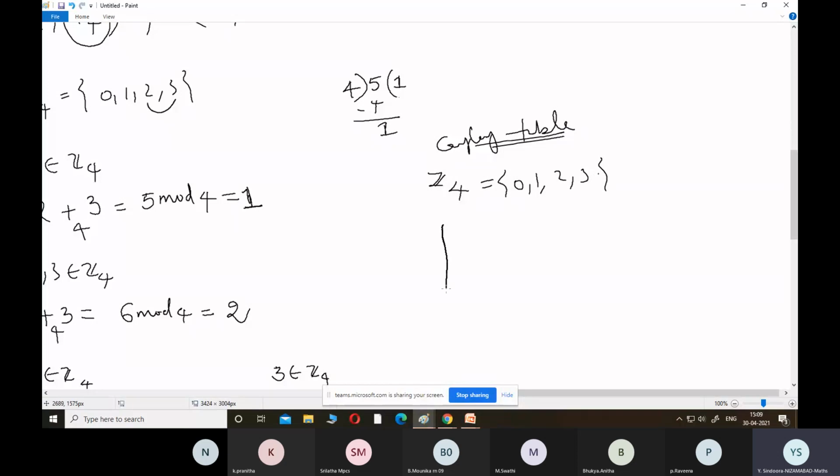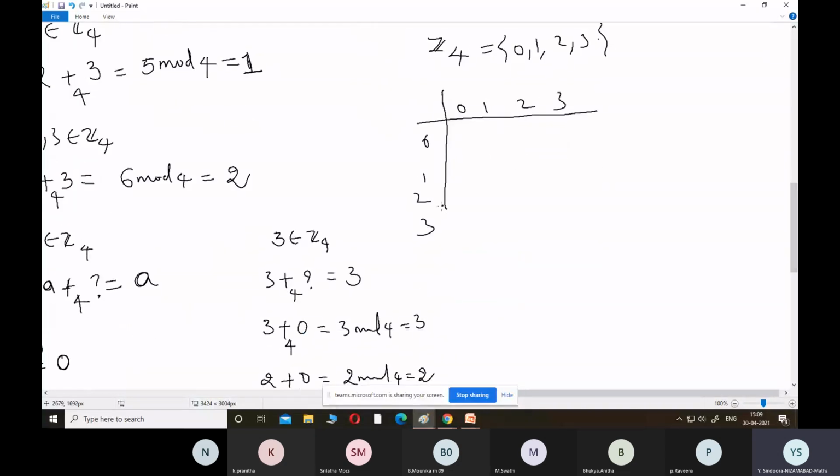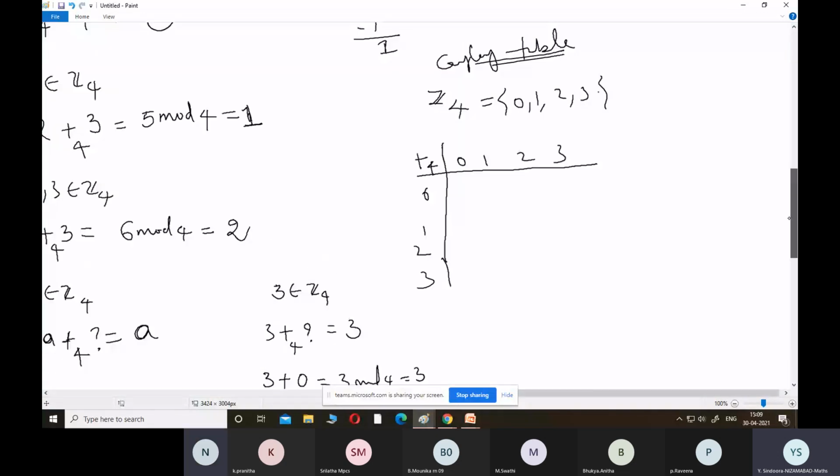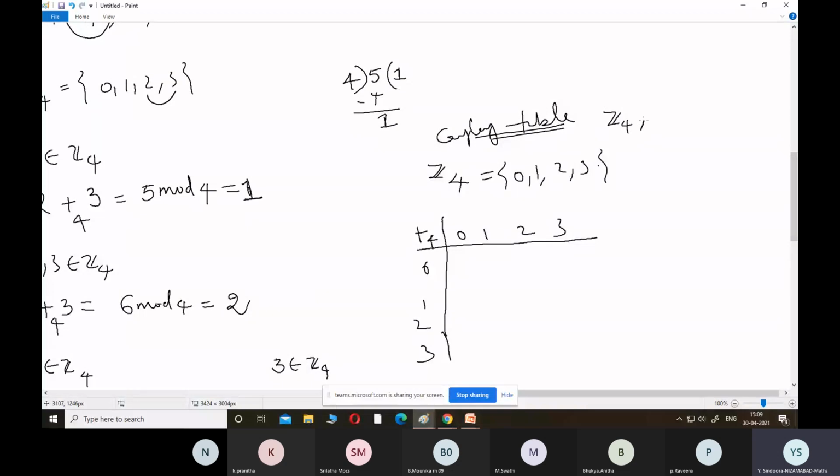So first of all, you are supposed to write all these elements 0, 1, 2, 3 along the top and along the side, and here you write the operation. Here we are taking addition modulo 4, Z4 under addition modulo 4 only.